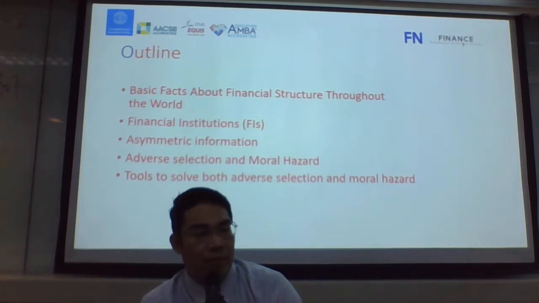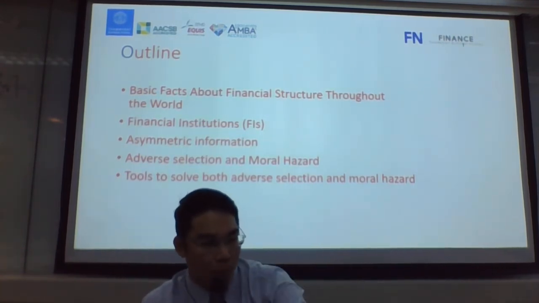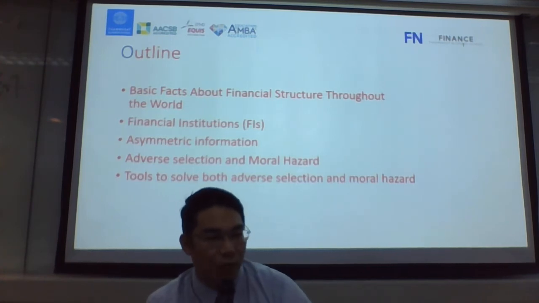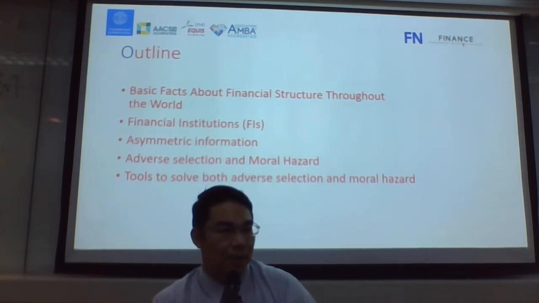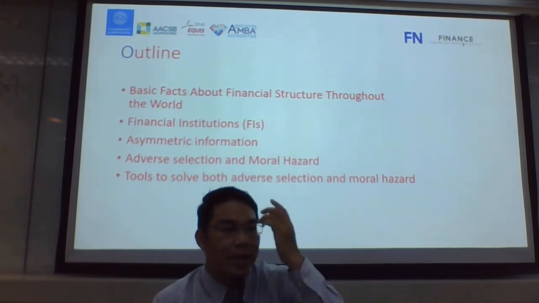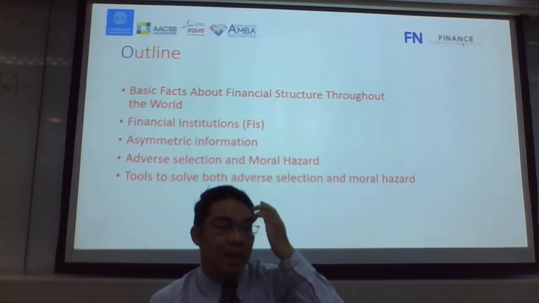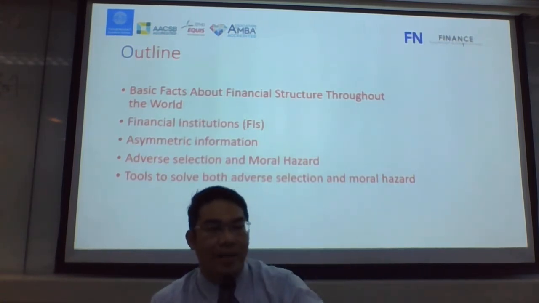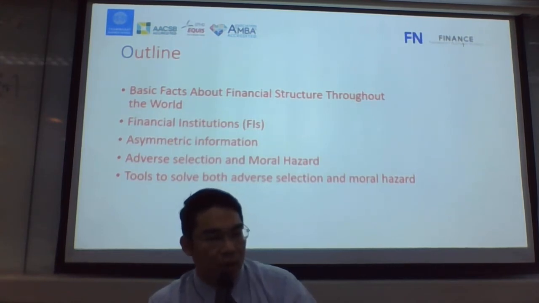The market fails to operate if we have asymmetric information in the system. Then we will talk about adverse selection and moral hazard, which are 2 sources of market failure. And after that, we will talk about the tools we implement to overcome adverse selection and moral hazard.